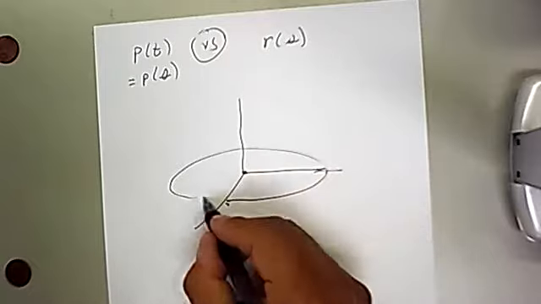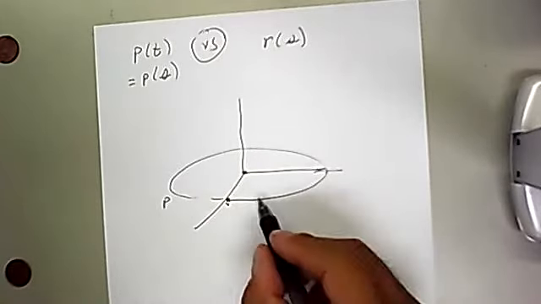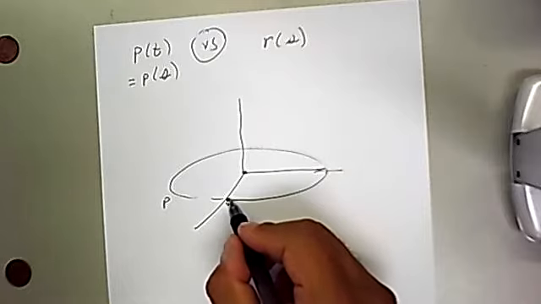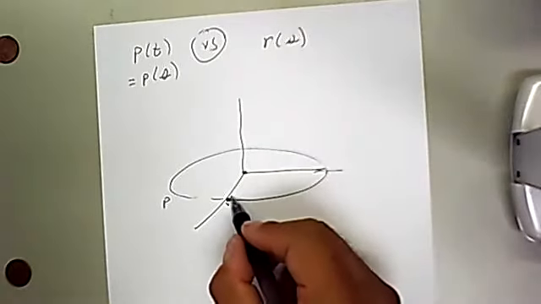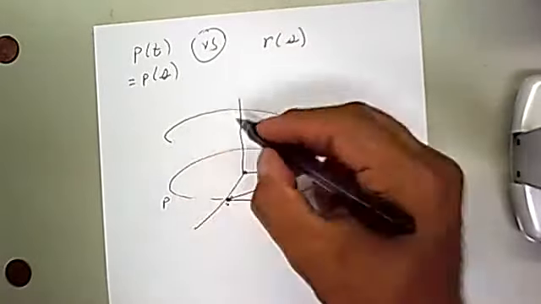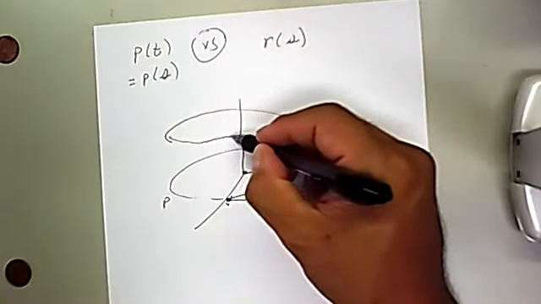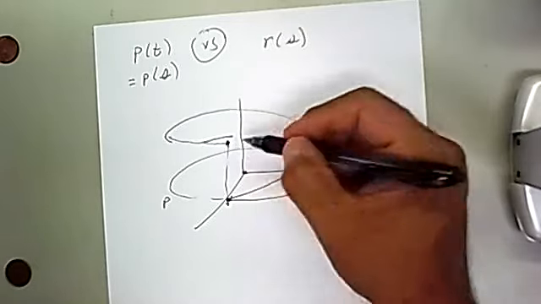So we're going to go about this way. So that is the projection. And then on top of that, on the same picture, I'm going to draw R, which is the helix. So the helix is going to come around this way, and after one revolution, it's going to be here.